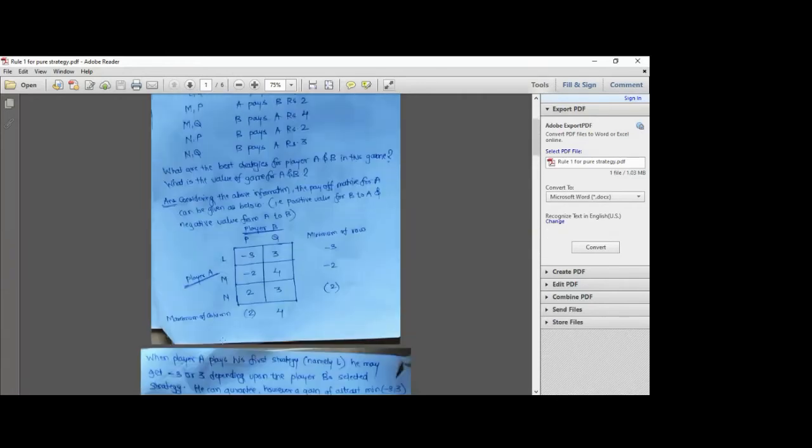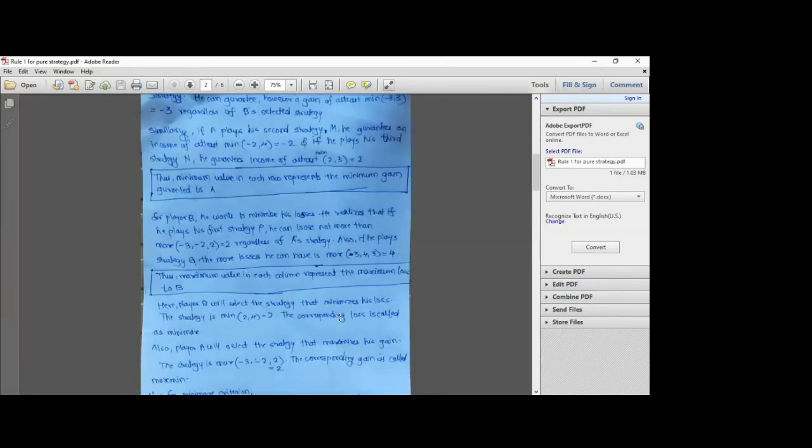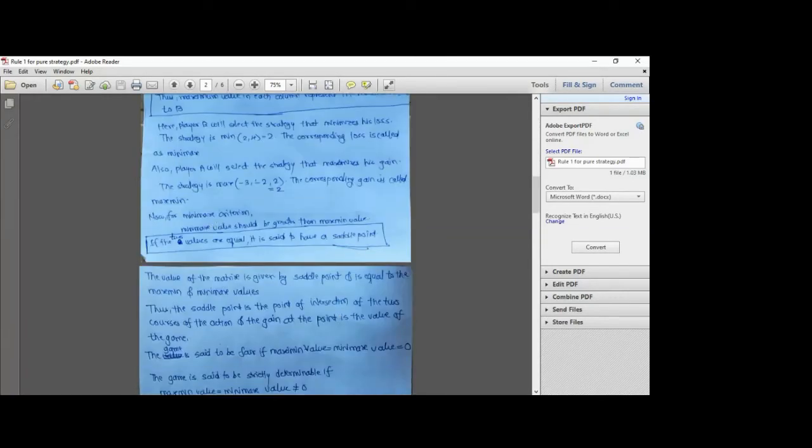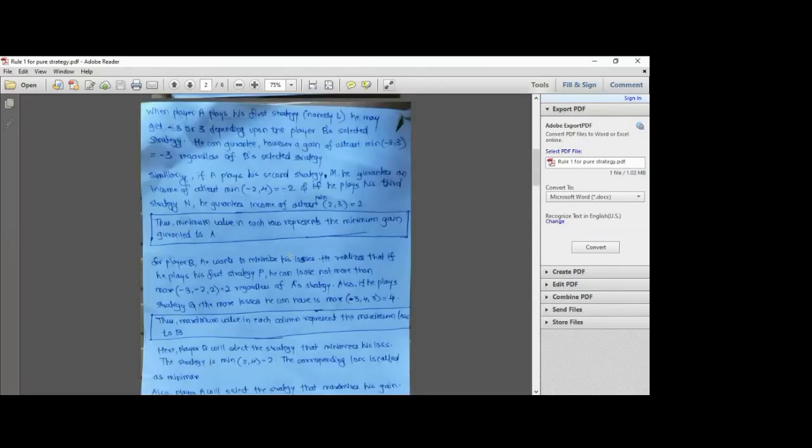So now, what is the minimax value? The minimax value is 2. And what is the maxmin value? The maxmin value is 2. So if your minimax value is equal to the maxmin value, then it is said to have a pure strategy, or it is said to have a saddle point.